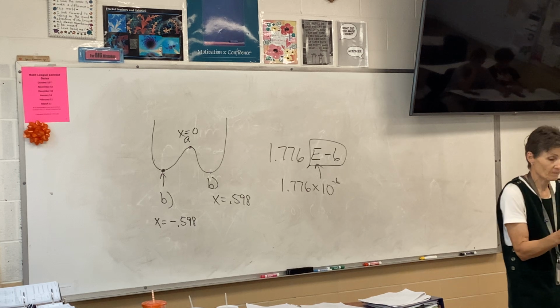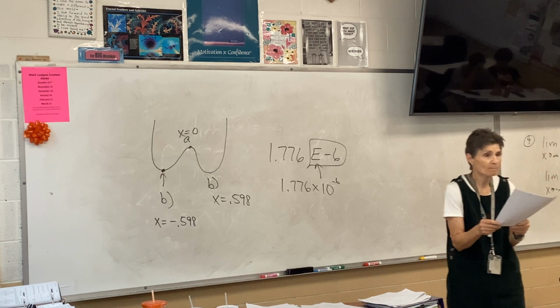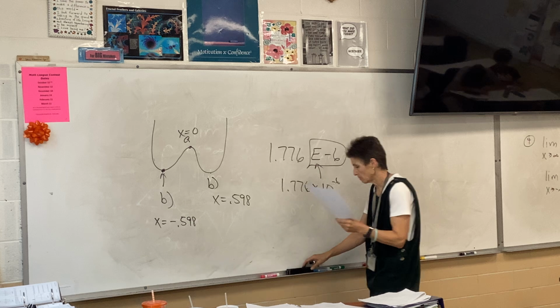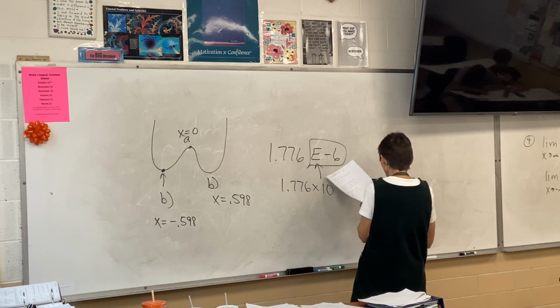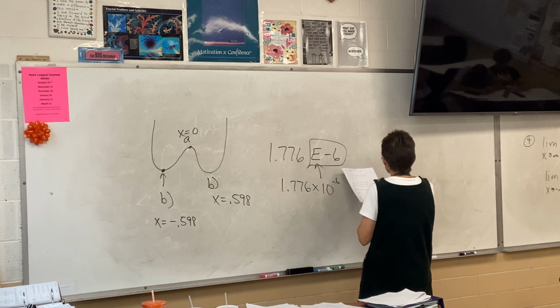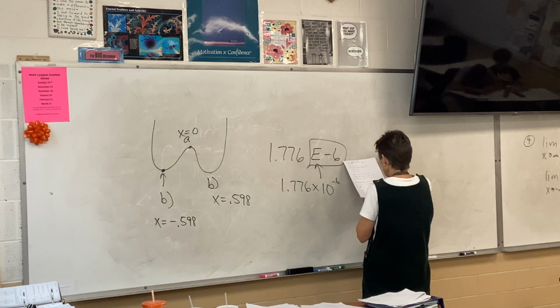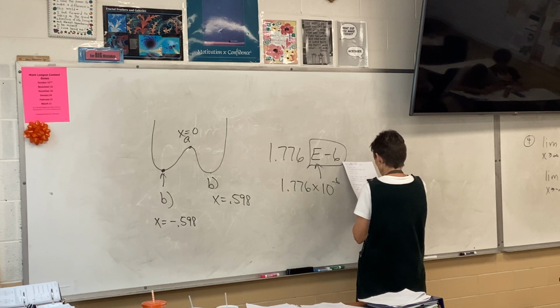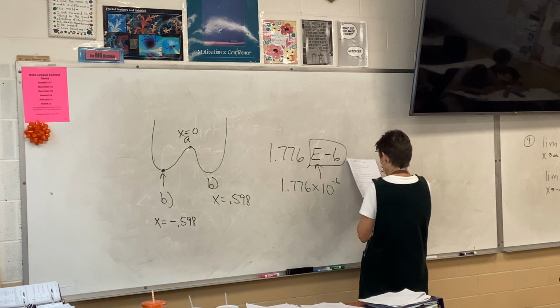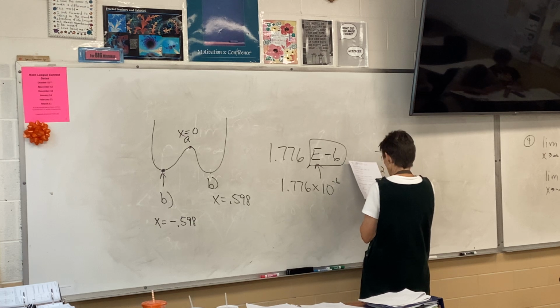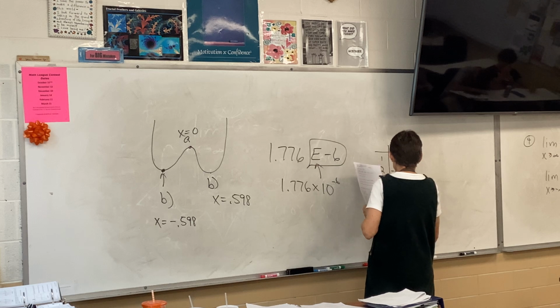Perfect. All right, work on number 4 for a second. It's gonna take a little bit of time, a little bit of work. You're trying to figure out if this guy could be concave down.